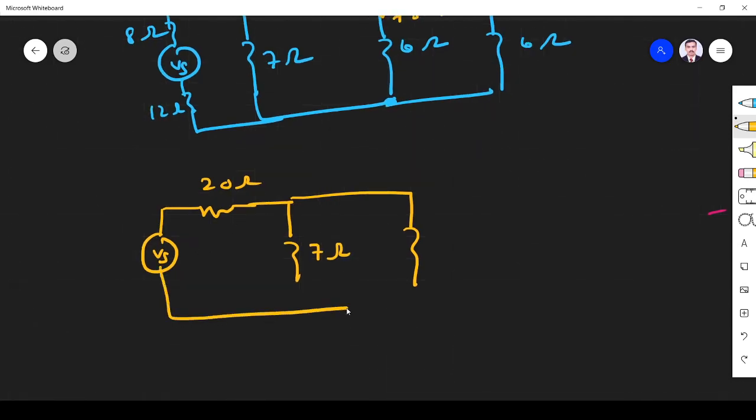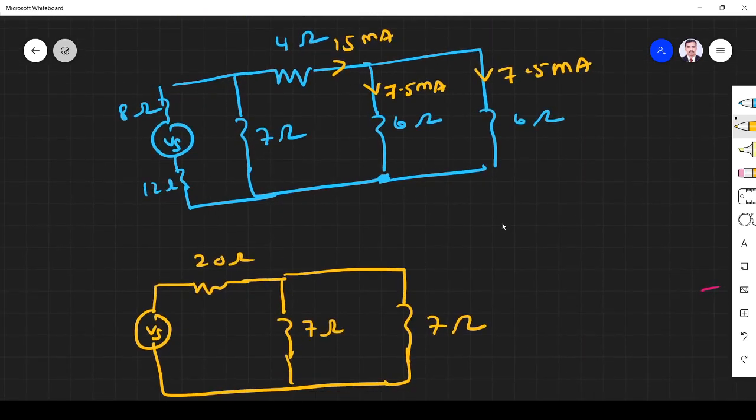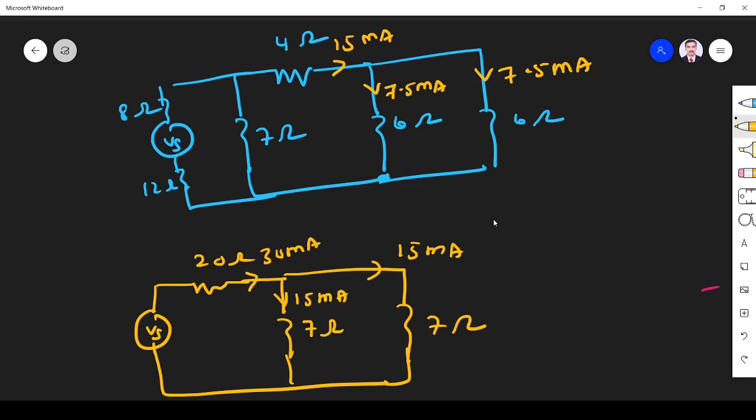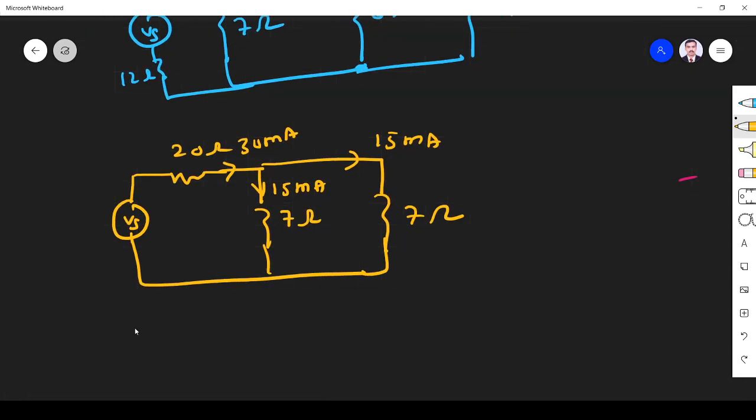In this 7 ohm, 15 milliamps is flowing, so this other 7 ohm must also have 15 milliamps. So here the current should be 30 milliamps.